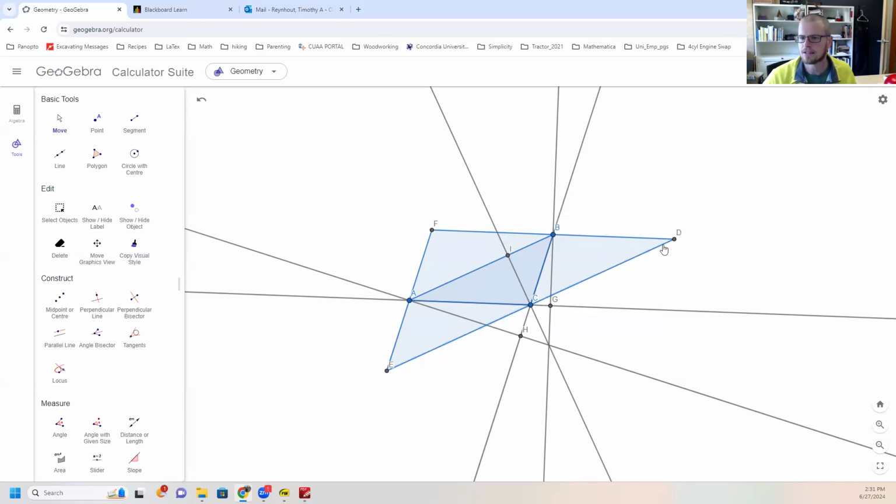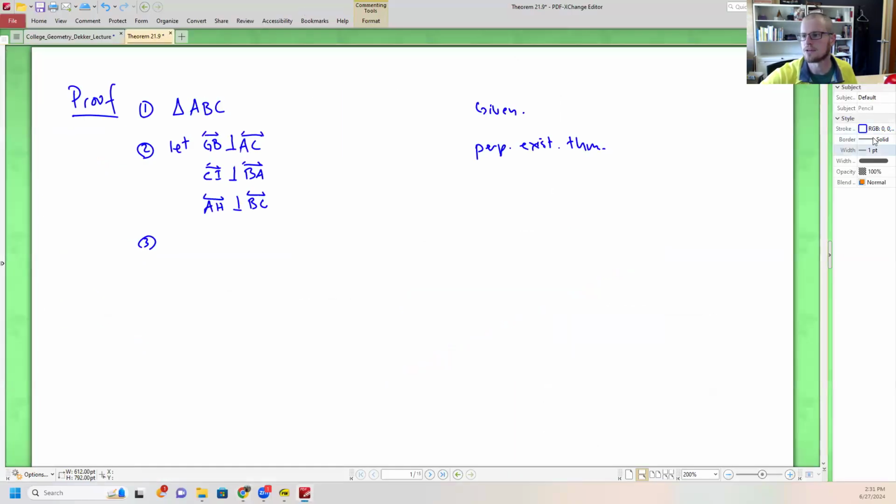Let's let FD be L, and I'm going to put this in red so we remember FD.